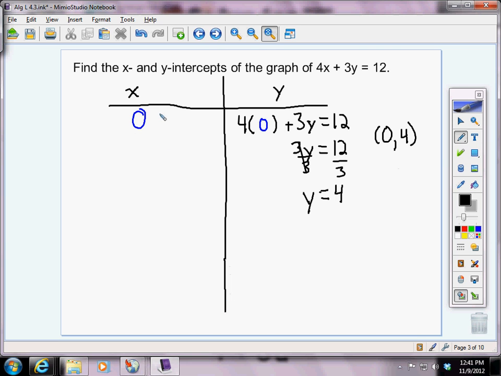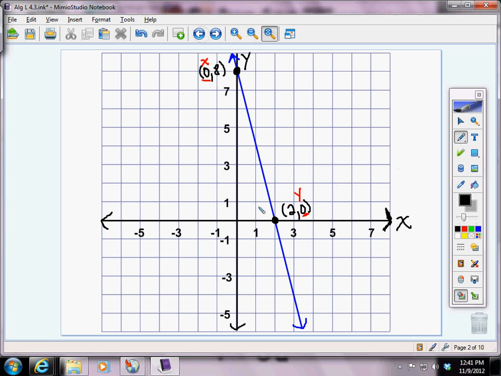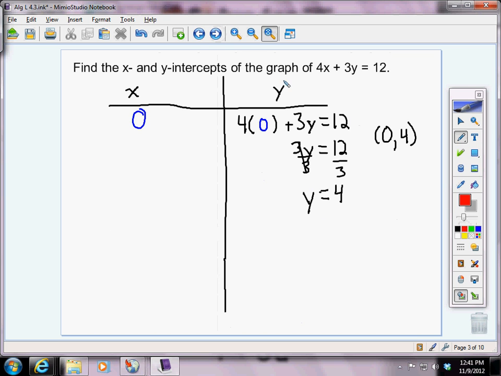Now, to figure out what our x-intercept is, where it crosses the x-axis, our y value is 0. So let's substitute a 0 now in for y. So I'm going to go 4 times x plus 3 times 0, because we're substituting 0 in for y.